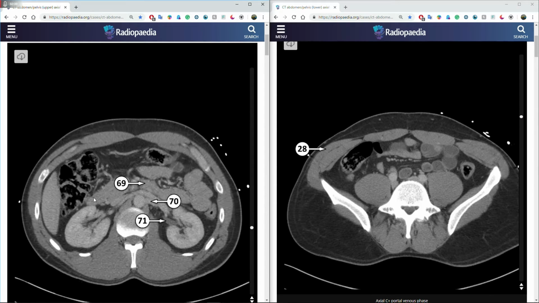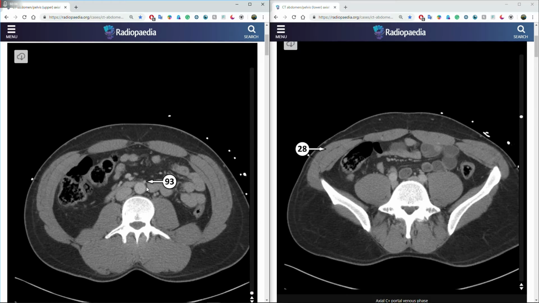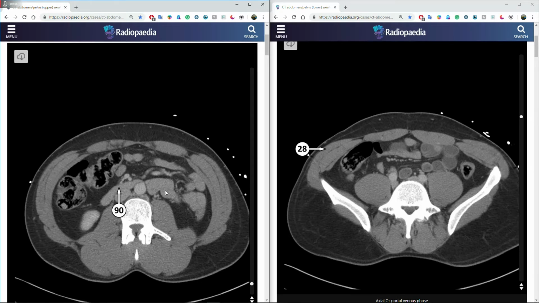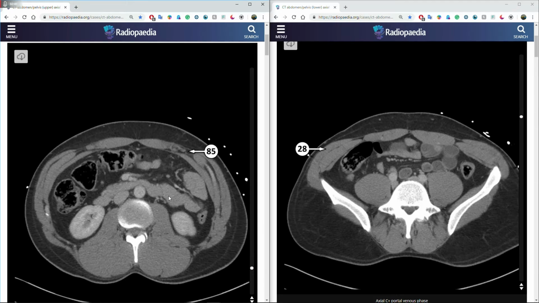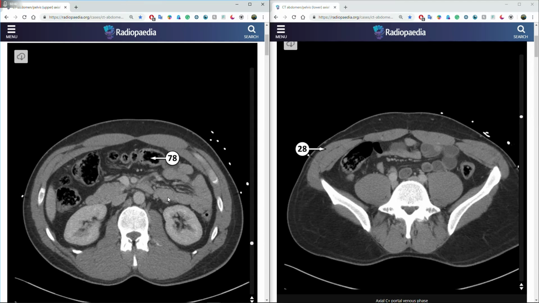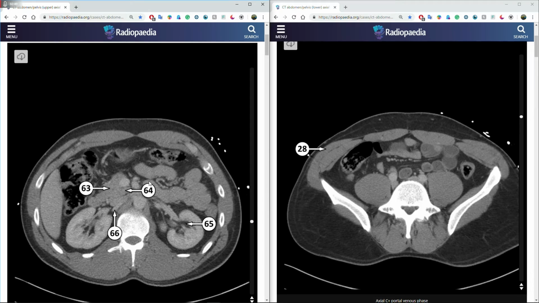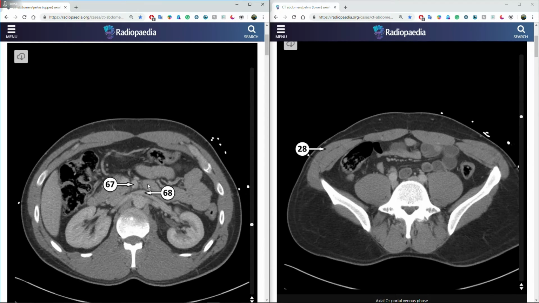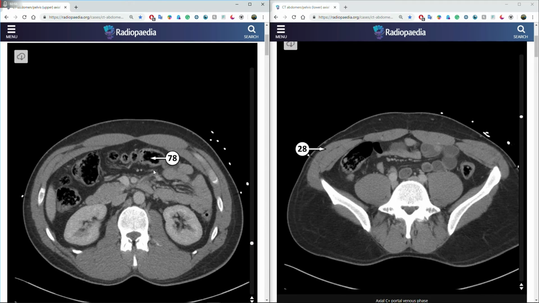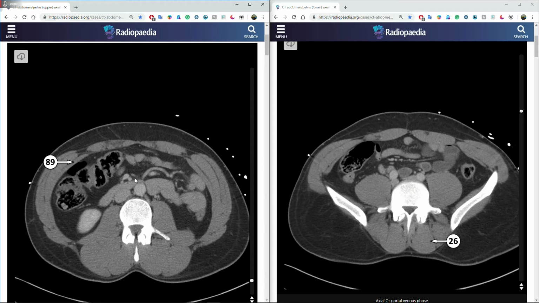If we follow along the duodenum, eventually the duodenum will connect to the jejunum, which is around here. You can kind of see a bridge there, the duodenojejunal flexure. And then the jejunum will continue on the other side.